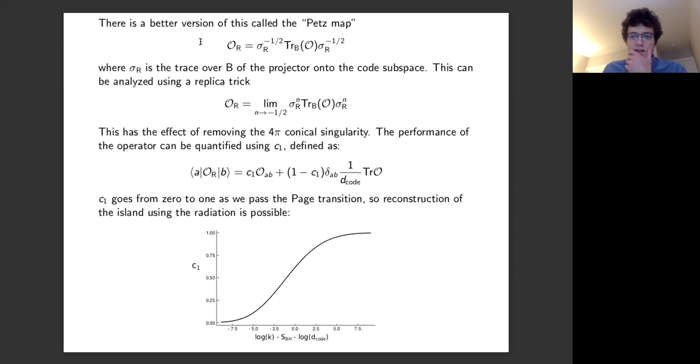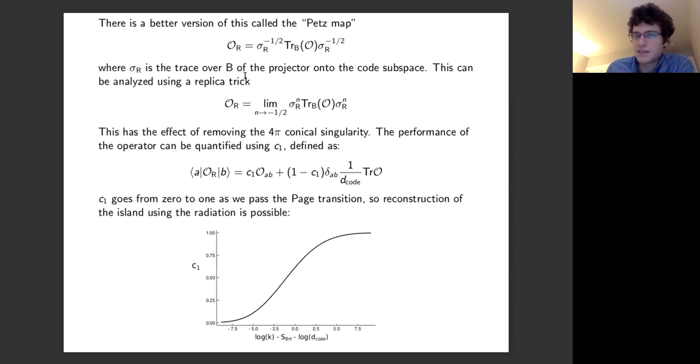Okay, so let me just try to say briefly what happens to this whole 4π business, which is that there's a better version of this naive formula that I wrote before. It's sort of similar. It involves a trace over B of the operator that obviously would have worked. So 0, 1, or whatever you want to put here. But it also involves some other factors, where these factors have a gravitational description. And I'm not going to explain them too much.